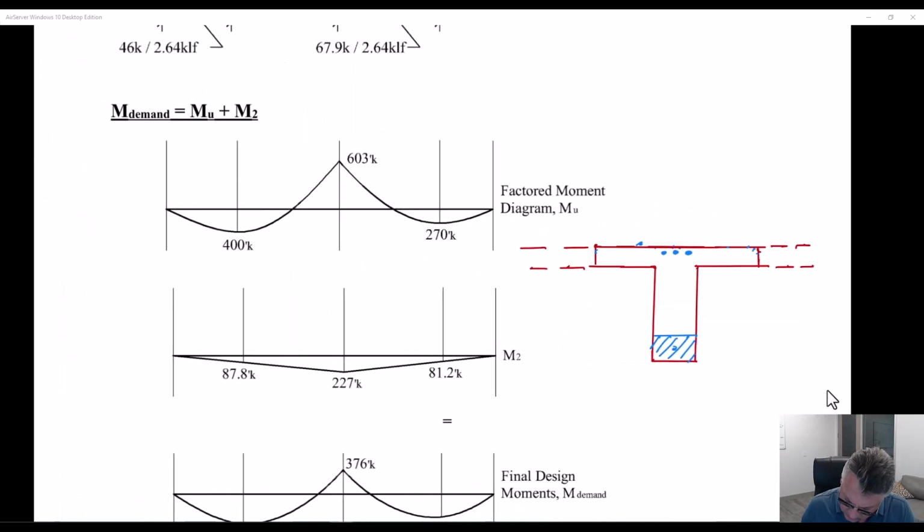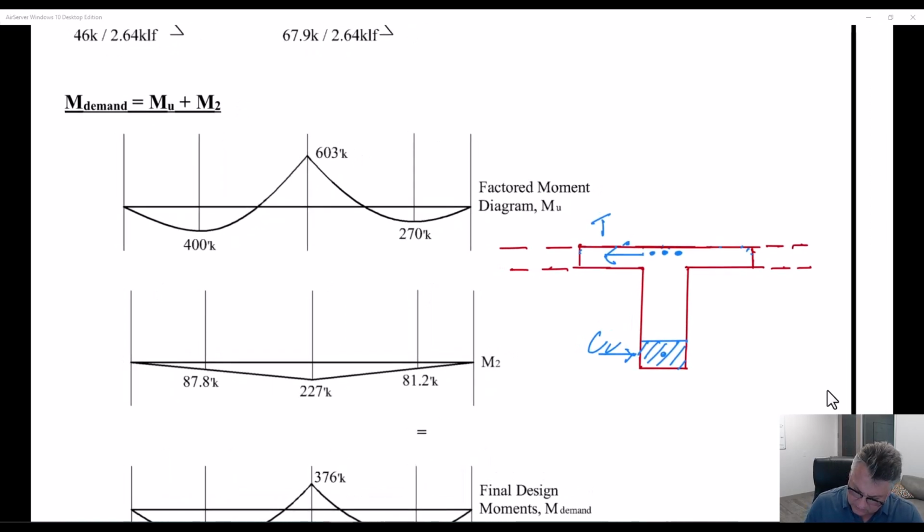So in this case, this arm has gotten smaller than it was for positive bending. So it's a little less efficient, or kind of a lot less efficient, to resist negative moments with the T section than it was to resist positive moments.